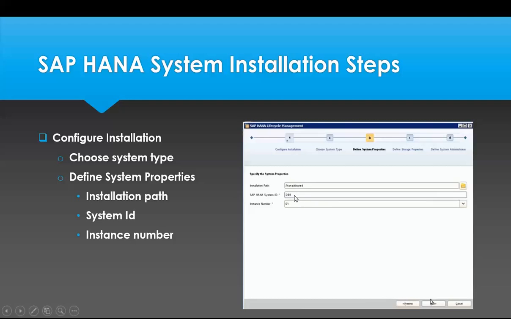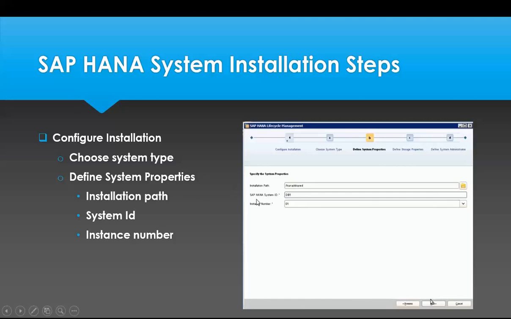So here it's enter db1, and it has to be unique. This system ID has to be unique. It cannot be a term which is recognized by the HANA system, like sys, SAP, or SQL. It has to be your unique name for your HANA system.